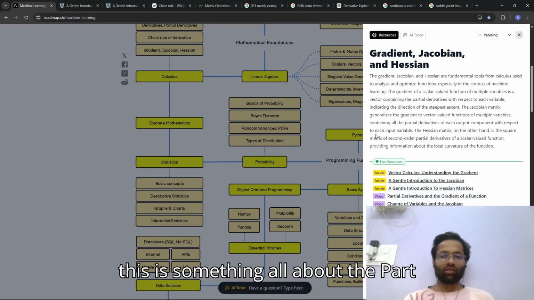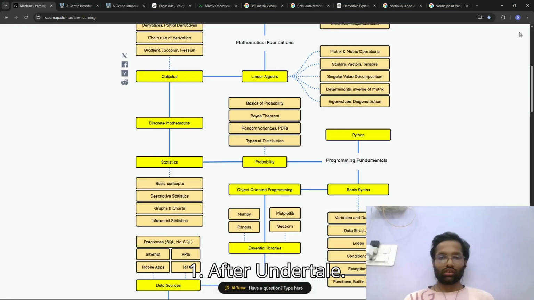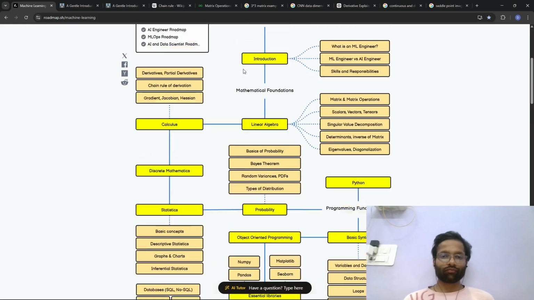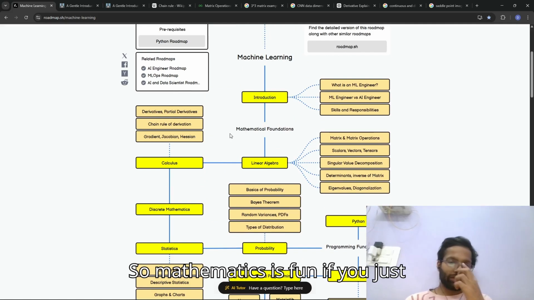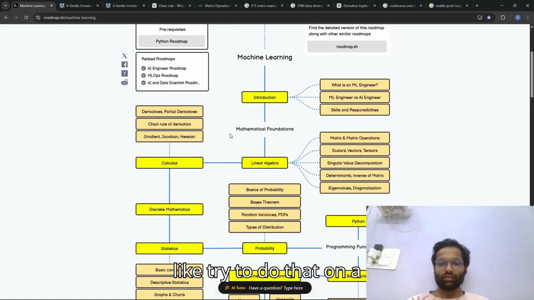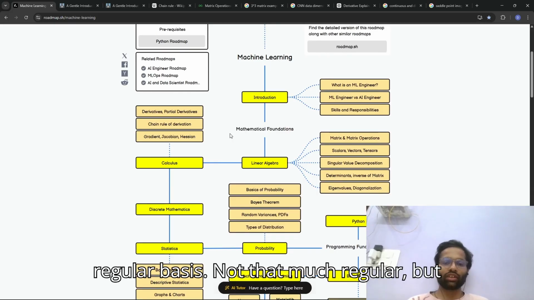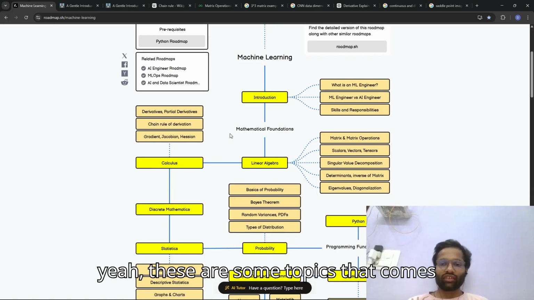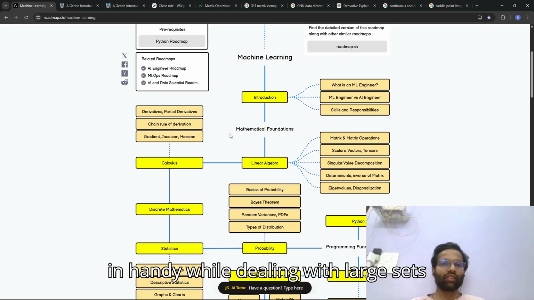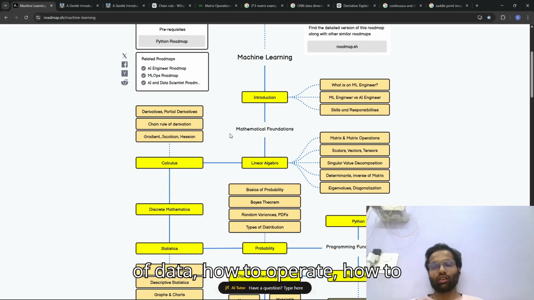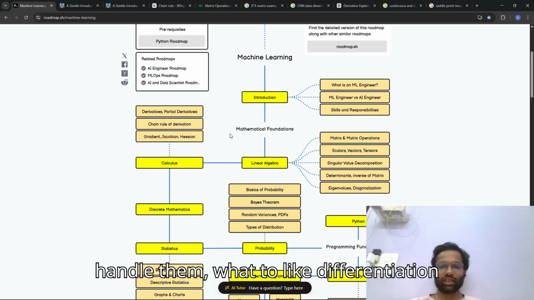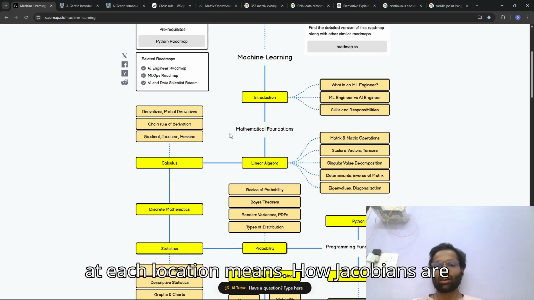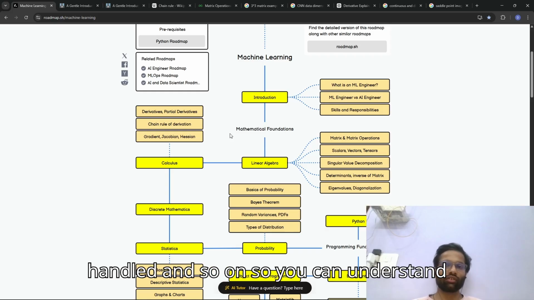So this is all about part one. I have to end it here. So mathematics is fun if you try to do that on a regular basis. Not that much regular, but yeah. These are some topics that come in handy while dealing with large sets of data, how to operate, how to handle them, what differentiation at each location means, how Jacobians are handled and so on.